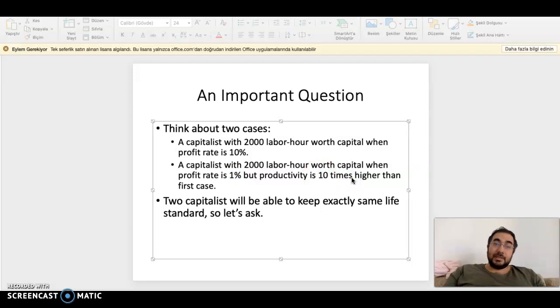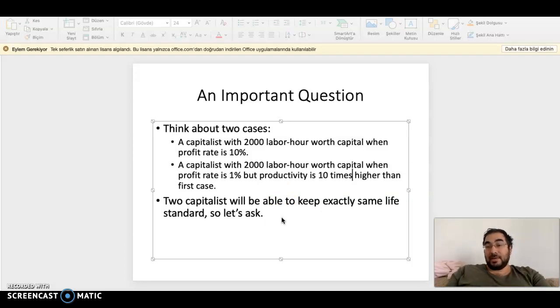Well, that means this 1% profit rate, which represents 20 labor hours compared with 200 labor hours in the first case, has the same buying power in the markets and can buy the same amount of stuff, the same amount of food, for example. So can we say what can be bought with the profit is more important than the profit rate?